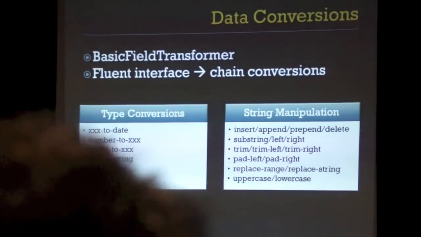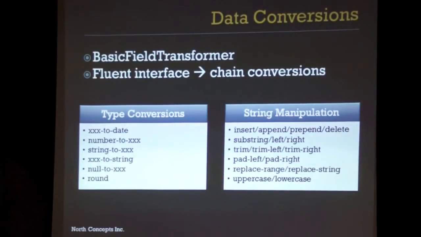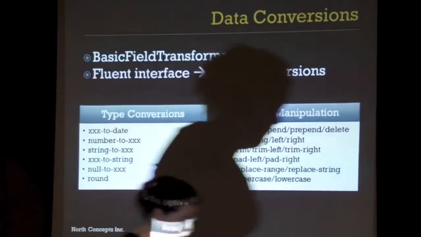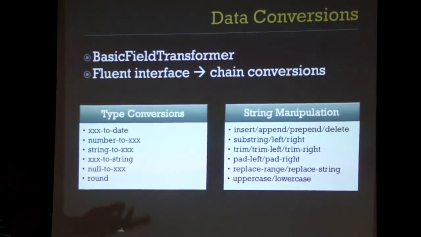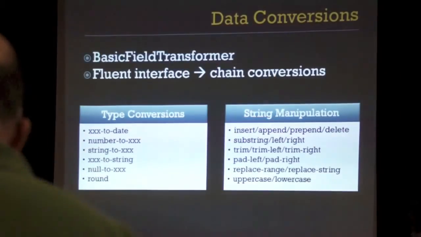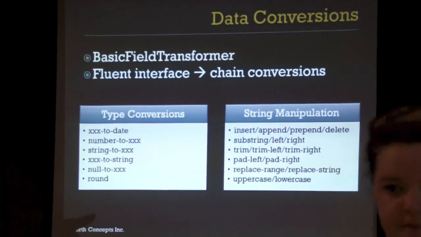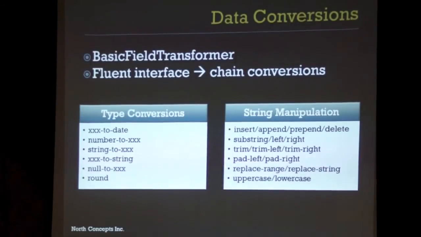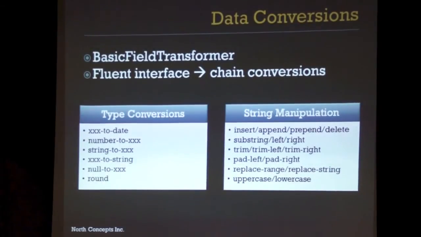Okay, so the next section is actually looking at data conversions. Data conversions are very much like transformations, but it's just a special case, that's all. Pretty much everything you can do in a data conversion, you can do in a transformation. It's just easier to lump them all together. We looked at the transforming reader before, and one of the things you can pass into the transforming reader is a basic field transformer.